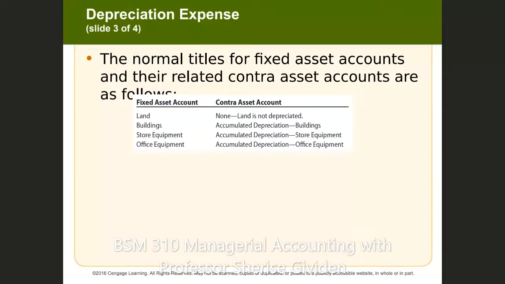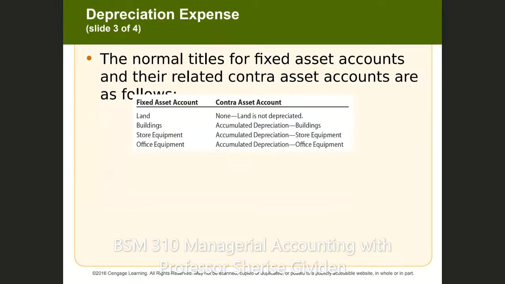Buildings, store equipment, office equipment, those all have contra asset accounts because they do have depreciation, and their contra asset account would normally be called accumulated depreciation building, accumulated depreciation store equipment, accumulated depreciation office equipment.